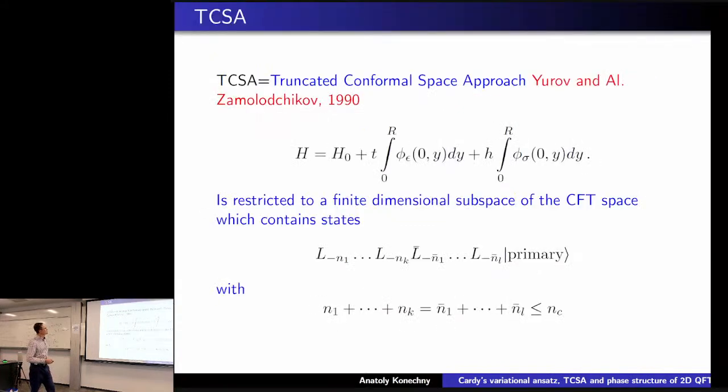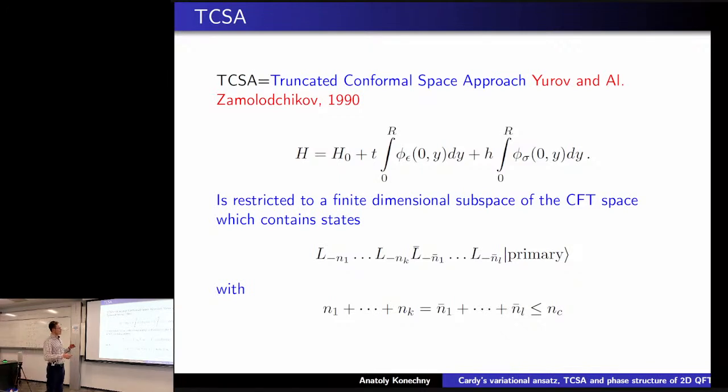But you can use a numerical technique, which is what TCSA stands for. It's the truncated conformal space approach. It was developed by Yurov and Zamolodchikov in 1990. You take your perturbed Hamiltonian as an operator in the unperturbed theory's state space, and that state space is built by taking primary fields and acting on them by Virasoro operators.